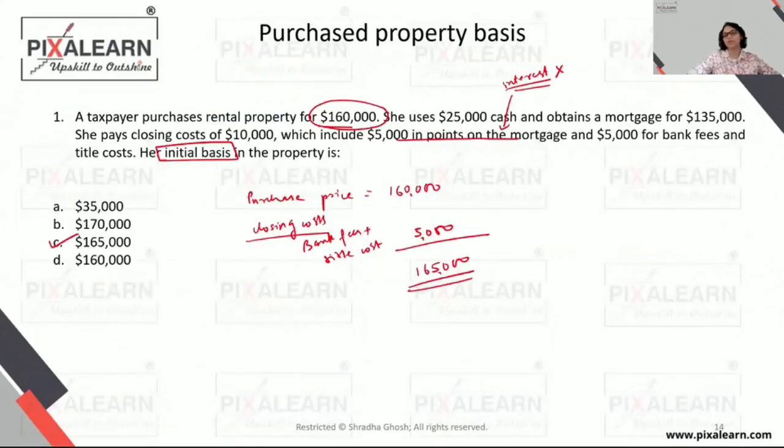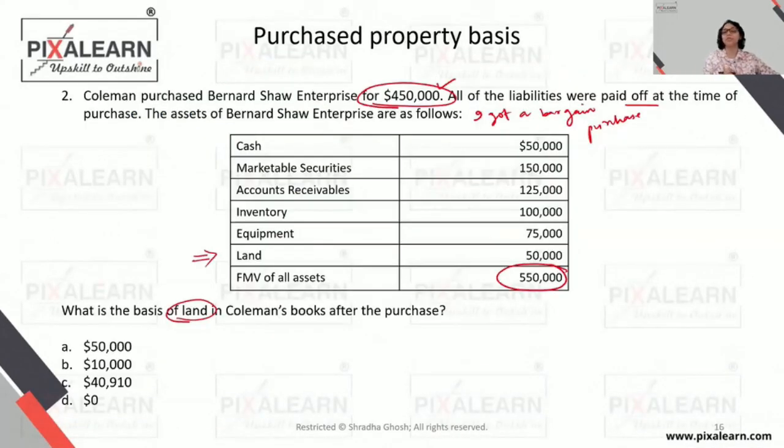Now look at this question. We'll solve it to understand how the provision has to apply. I'm giving you a total of 450,000 in the bargain purchase. I'll first remove 50,000 for cash. The balance becomes $400,000. Next, I will take the full 150 and put it to marketable securities, because these are securities which have an open market.